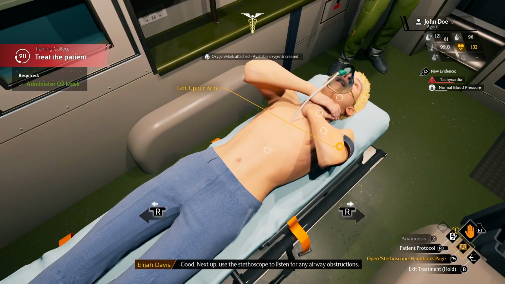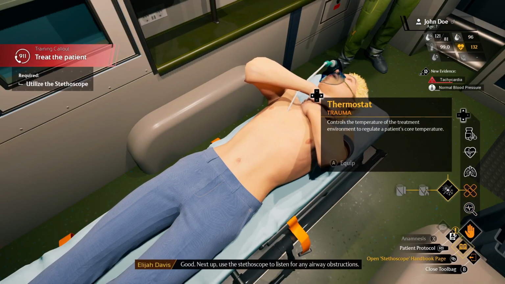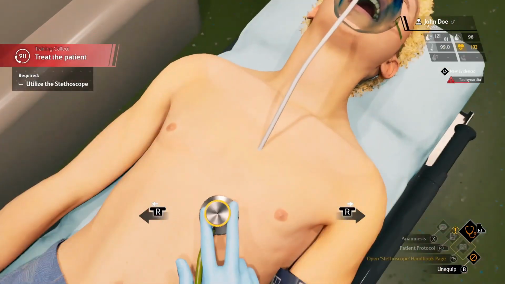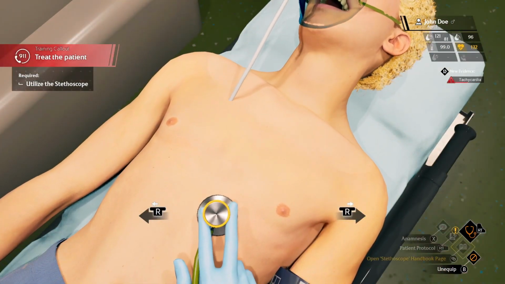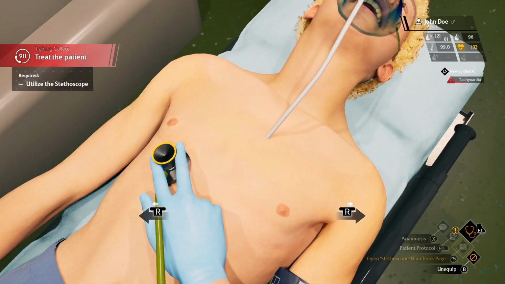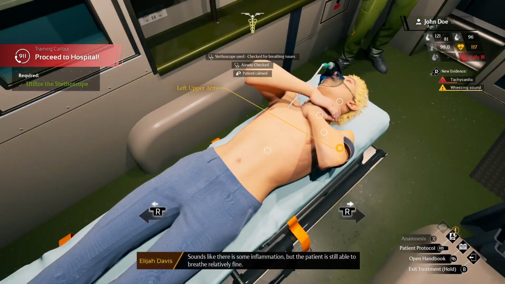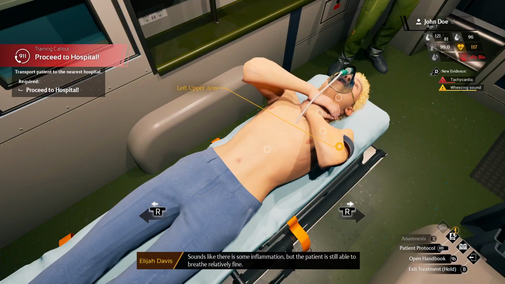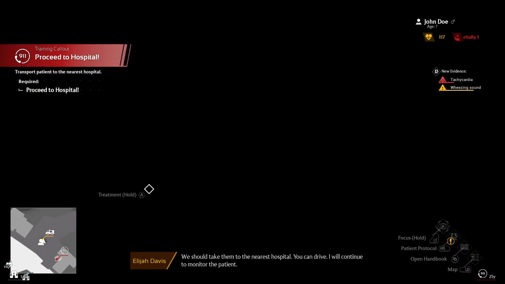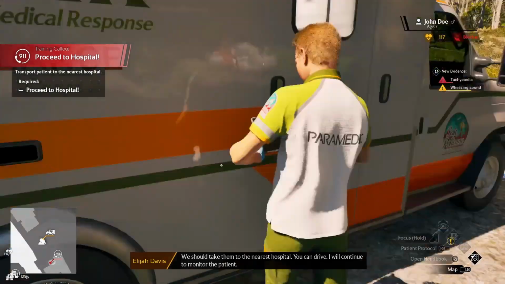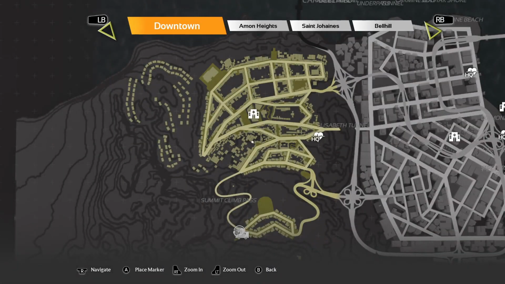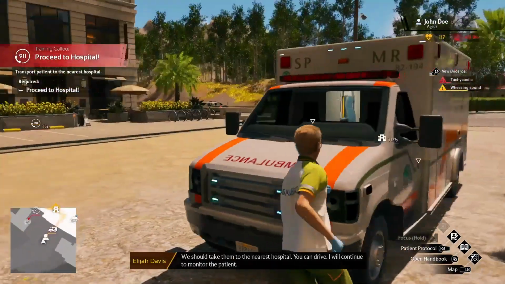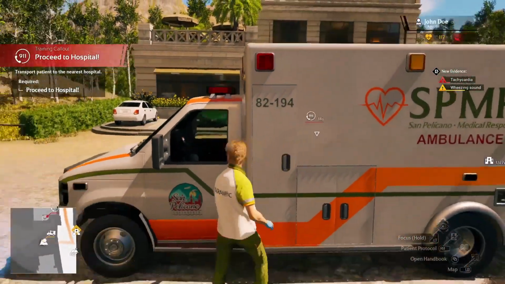Next up, use the stethoscope to listen for any airway obstructions. Sounds like there's some inflammation, but the patient is still able to breathe relatively fine. We should take them to the nearest hospital. You can drive. I will continue to monitor the patient.